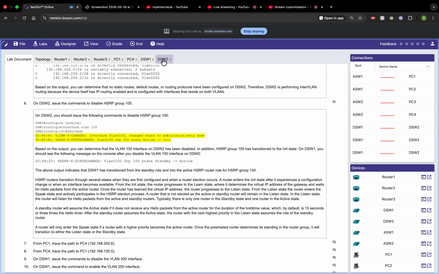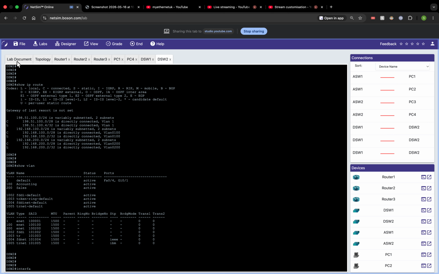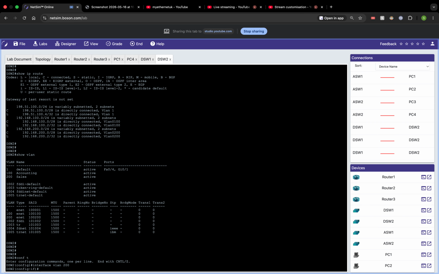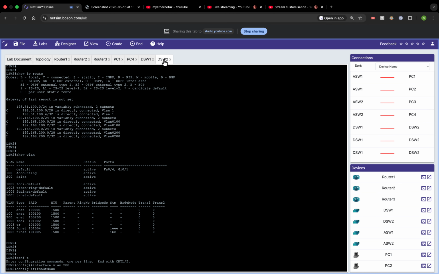Based on the output, you can determine that the VLAN 100 interface on DSW2 has been disabled. In addition, HSRP group 100 has transitioned to the init state, the initialization state. You should see the following message on your console after you disable VLAN 100. This output indicates that DSW1 has transitioned from the standby mode into the active HSRP role for HSRP group 100.